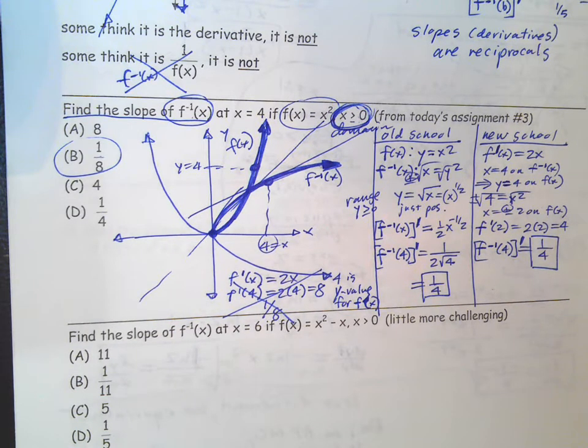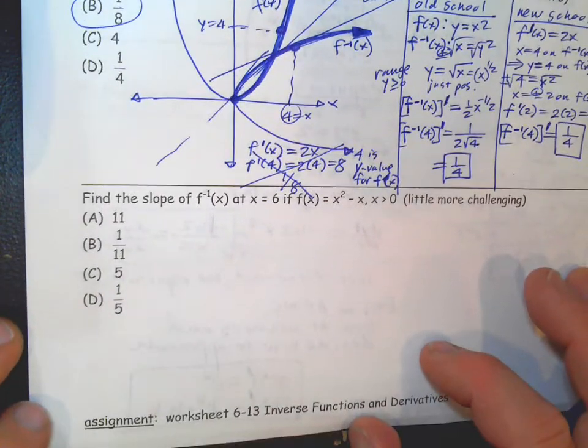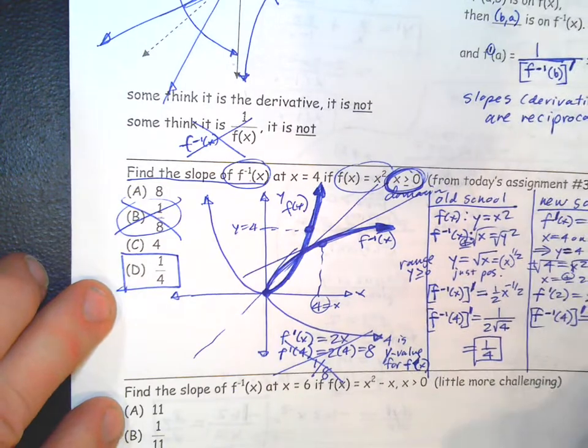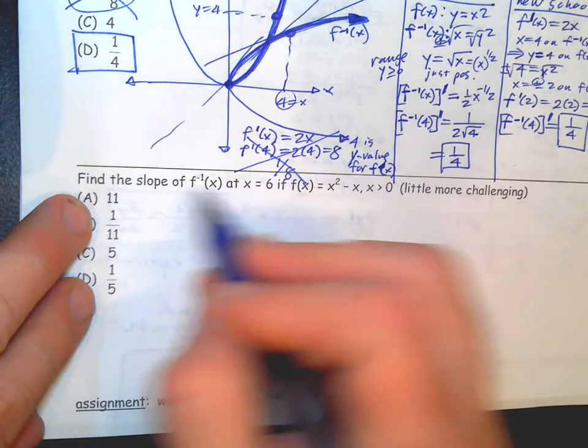So let's do another one. Let's just start with the new school approach, okay? The answer here, by the way, was 1/4. Don't plug the x equals 4 into the original function. So here, find the slope of the inverse at x equals 6.